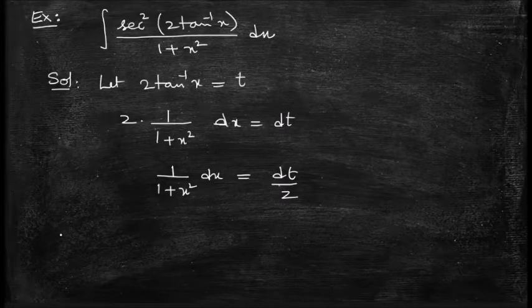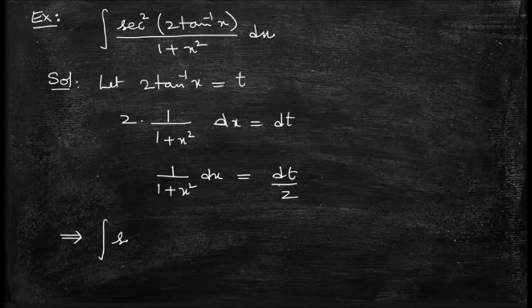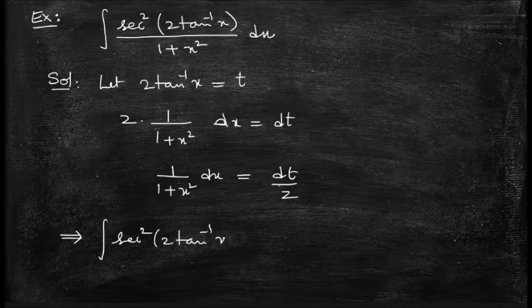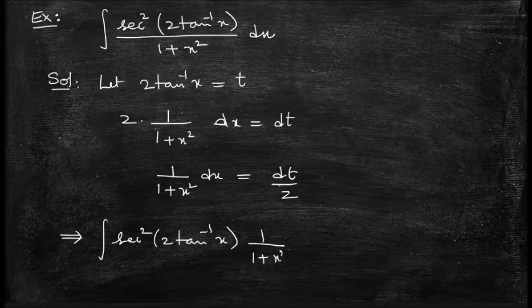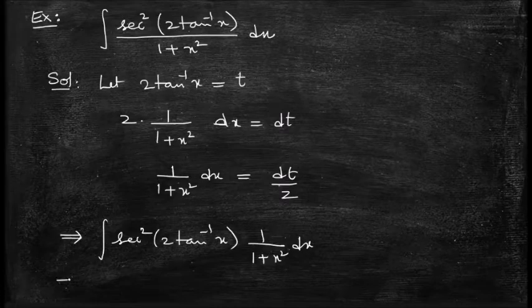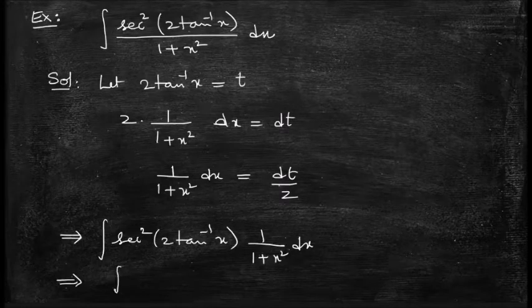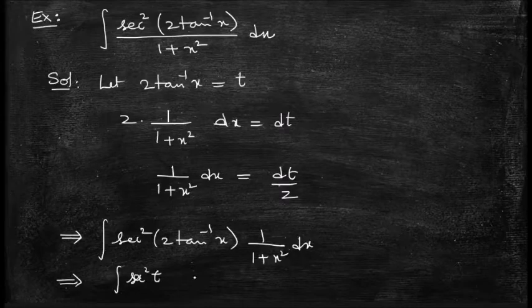Now I write the problem in the structure of secant square of 2 tan inverse x times 1 by 1 plus x square dx. When I replace the bracket 2 tan inverse x by t, it becomes secant square t, and this entire thing is dt by 2.